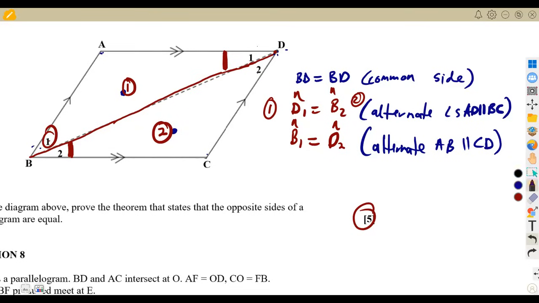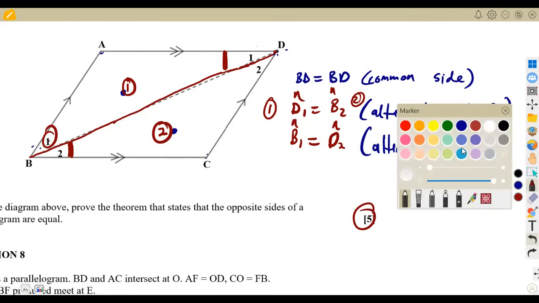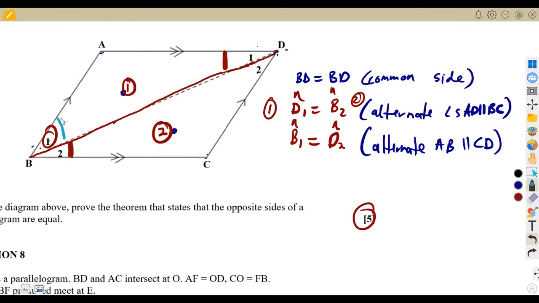This is the angle that we're talking about, this angle equal to this angle here. Take note, angle D1 and angle B1, here we've got angle B2, angle D2.